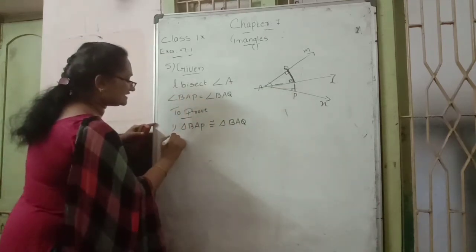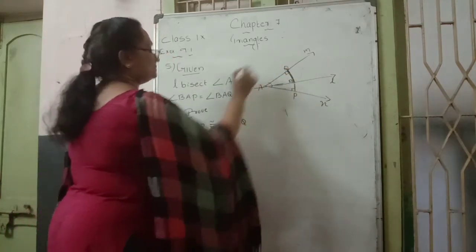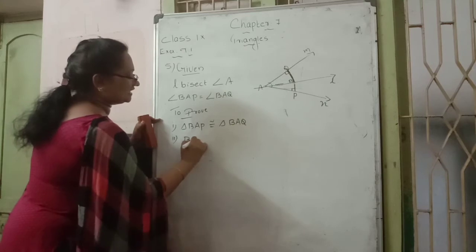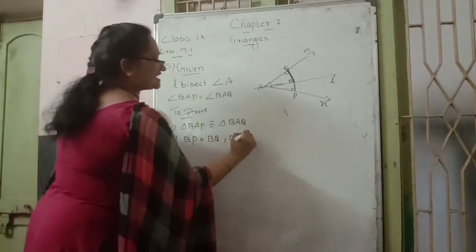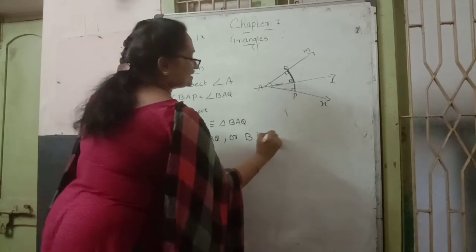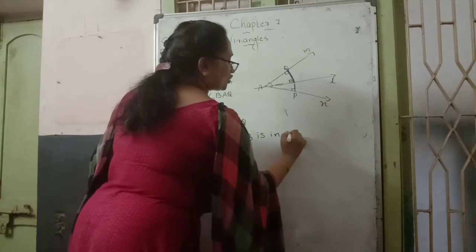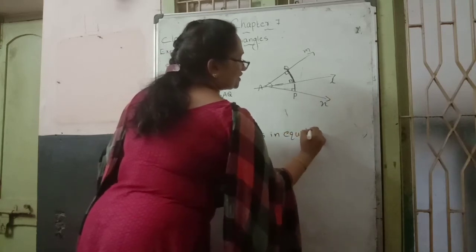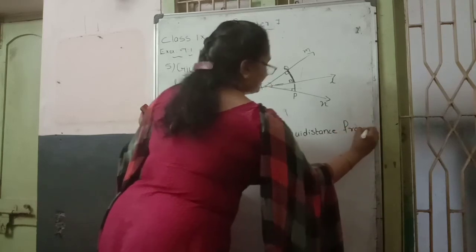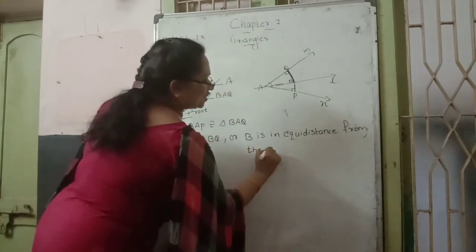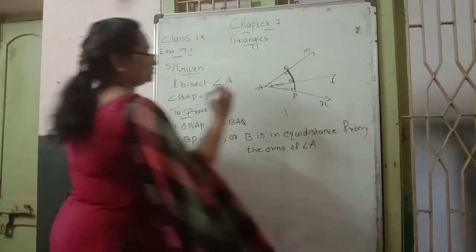Second case: they ask to prove BP side and BQ side are equal, or otherwise you can write it as B is in equidistance. Equidistance means equal distance from the arms of angle A. Anyone can prove that.